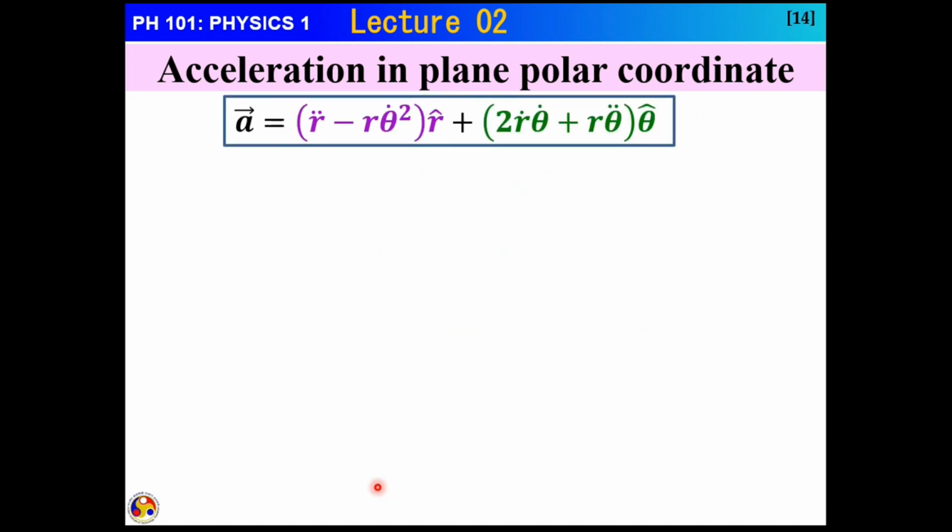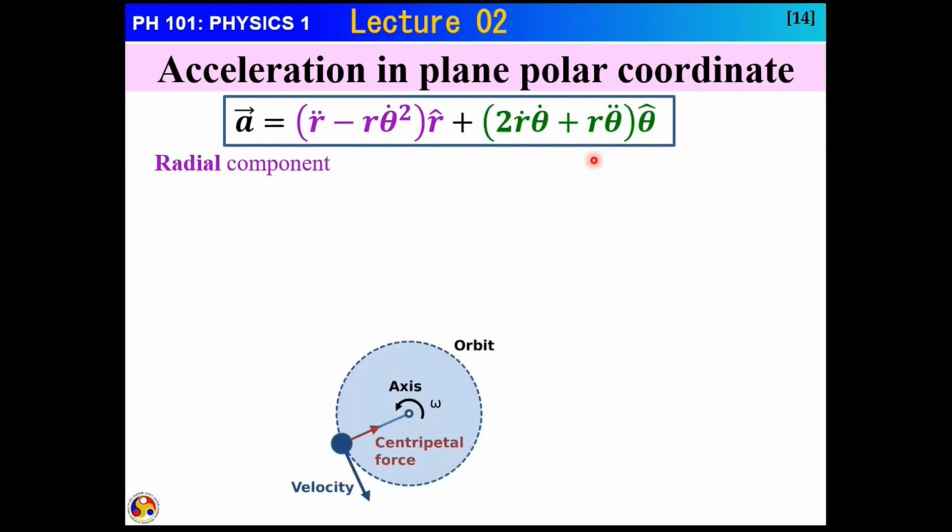Let's concentrate on this. It has two parts: one is the radial part and another is the transverse part. If we talk about the radial component, there are two terms, r double dot minus r theta dot square.